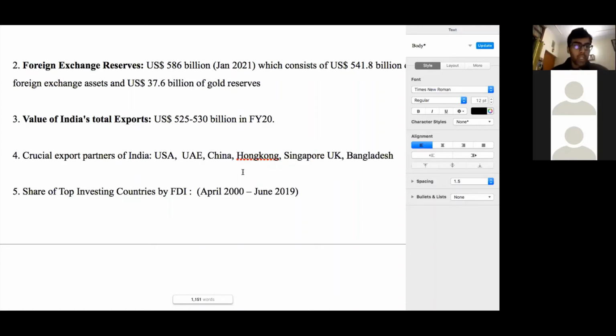So even the United States has to pay all the foreign investors and all the people who have invested through either FDI or its stock markets. So the United States also maintains healthy foreign exchange reserves, somewhere around, sometimes $70 billion, sometimes $100 billion, but it's not very huge because the United States does not need such high foreign exchange reserves, because its own currency itself is the world's reserve currency.